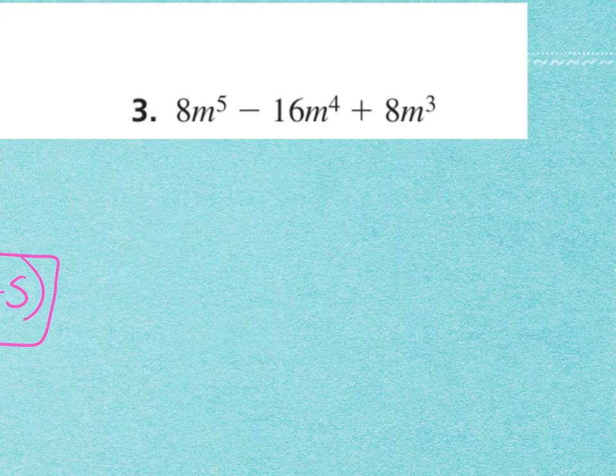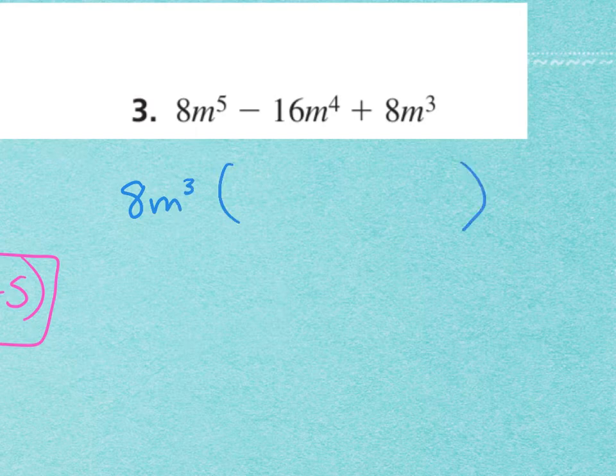All right, number 3. What's our greatest common factor that we can take out? Can we take anything bigger than 4? 8. So we can take out an 8 from everything. Do we have any m's in common? M cubed. So we can take out an 8m cubed. So then what would we be left with in our parentheses?